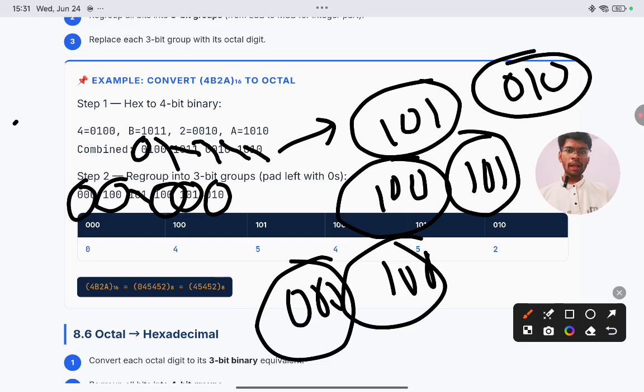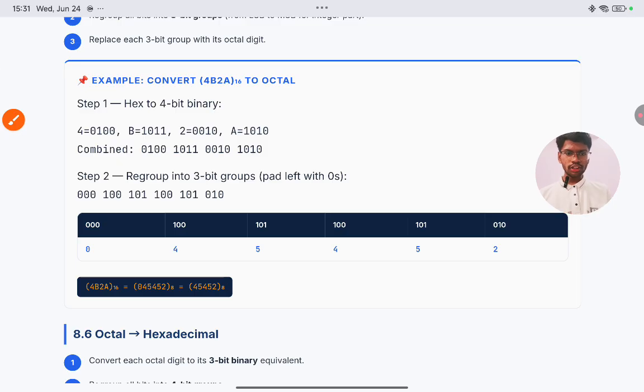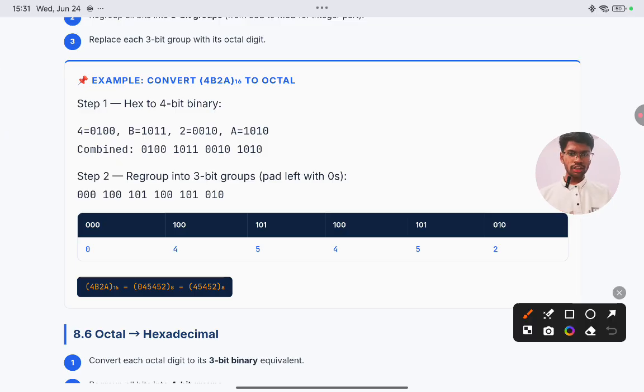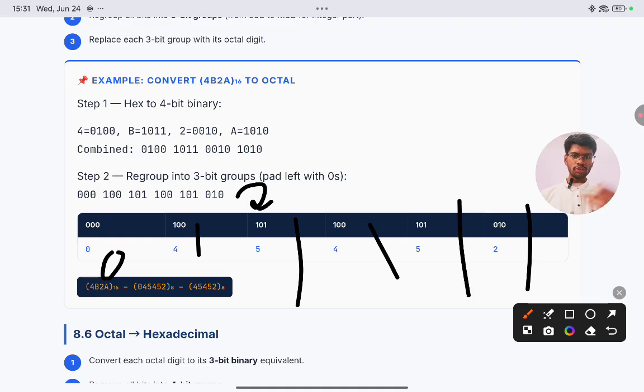After you regroup this into 3 bits, you convert this whole thing into its octal equivalents from the octal number system table. 100 is 4, 101 is 5, 100 is 4, 101 is 5, 010 is 2.